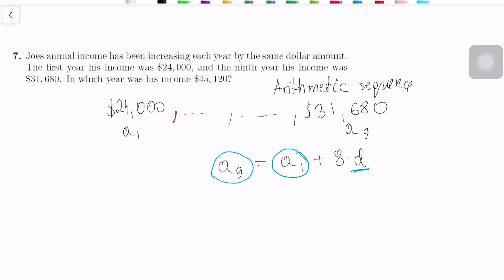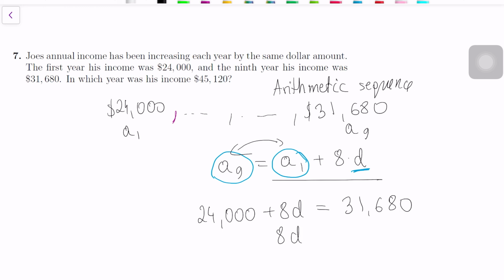So let's plug in the numbers, and I'm going to reverse the order here. I'm going to put this on the left side first. So A1 is 24,000. D, I don't know what it is, but that should be equal to A9, and the ninth term is this. So you subtract 24,000 on both sides.